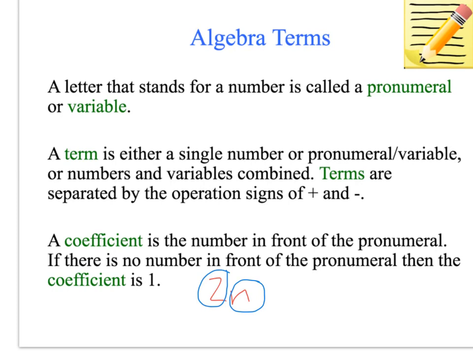If there is no number in front of the pronumeral, so it might just be an x, for example, then the coefficient for that is actually 1. But we never write 1x. We always just write the pronumeral, and that represents 1. It just assumes that it's always 1.